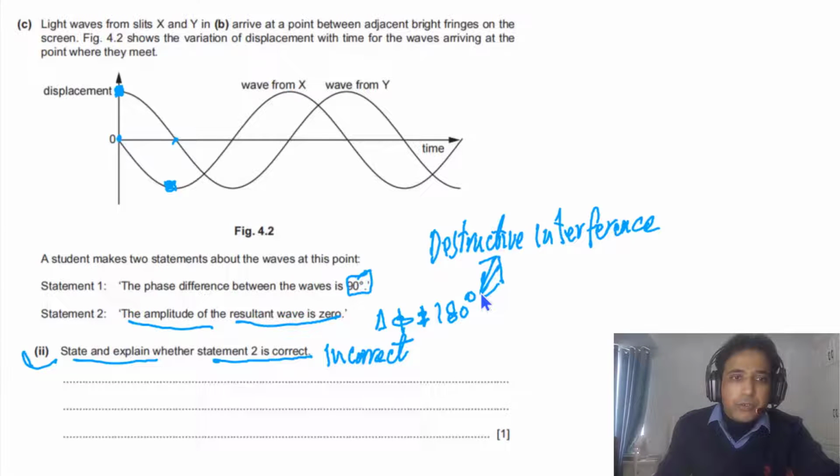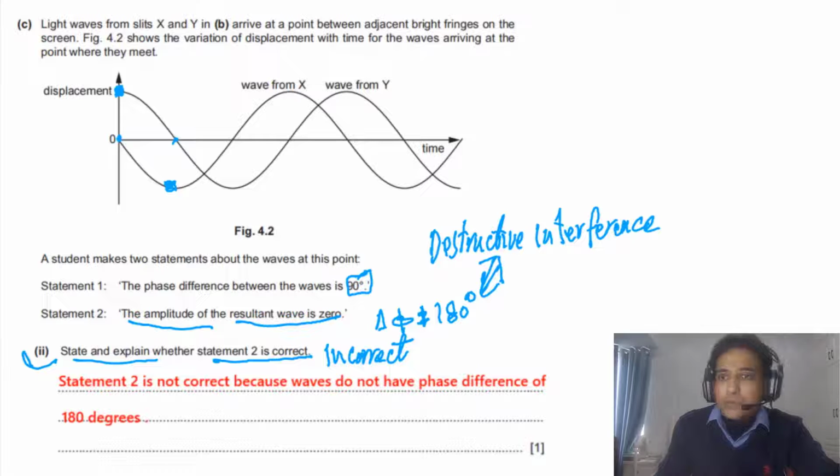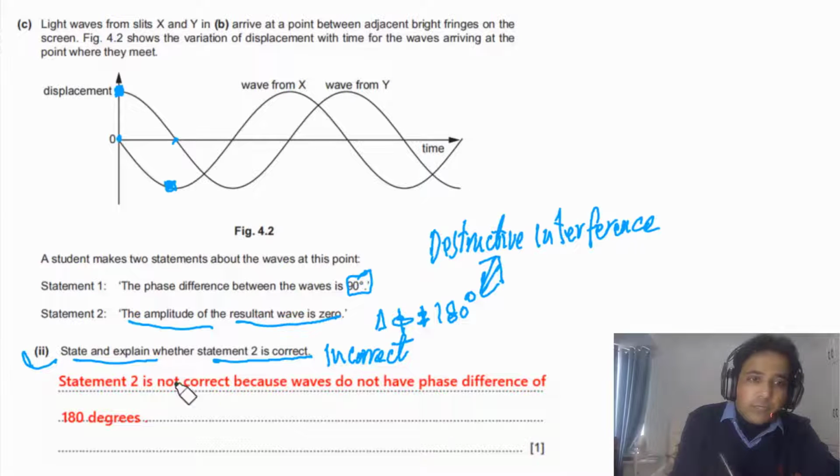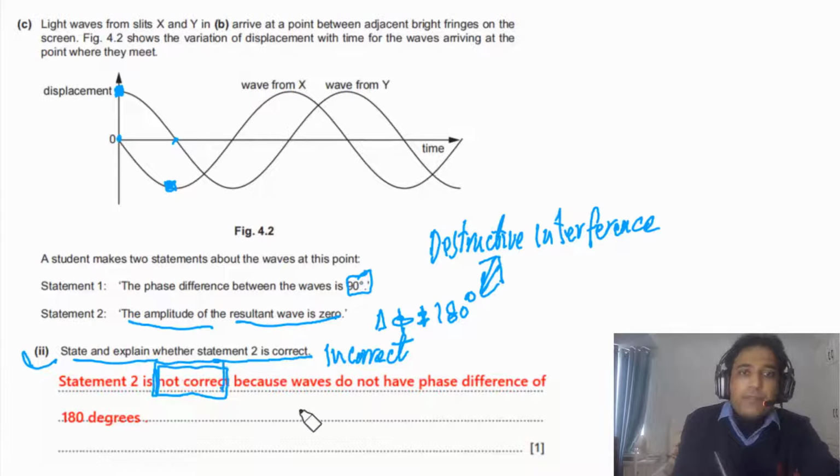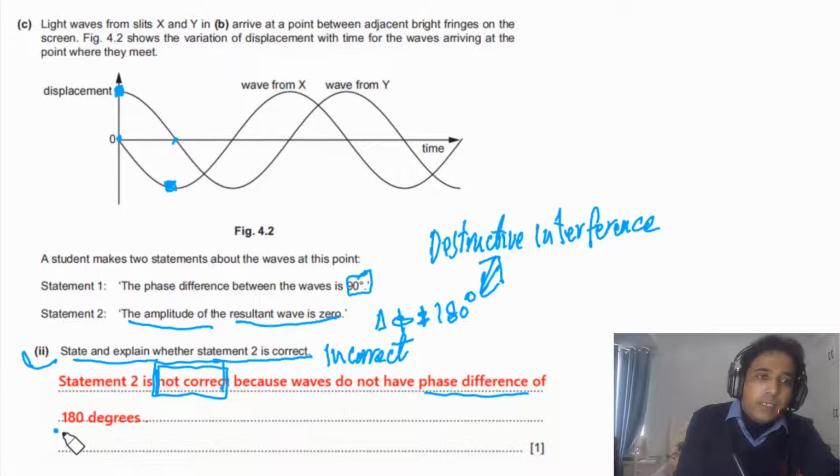In these points we can write down the answer. So if you write this down, you will get 1 mark. First thing you need to say is it is not correct, so you need to state this, then you need to explain, because phase difference is not equal to 180 degrees.